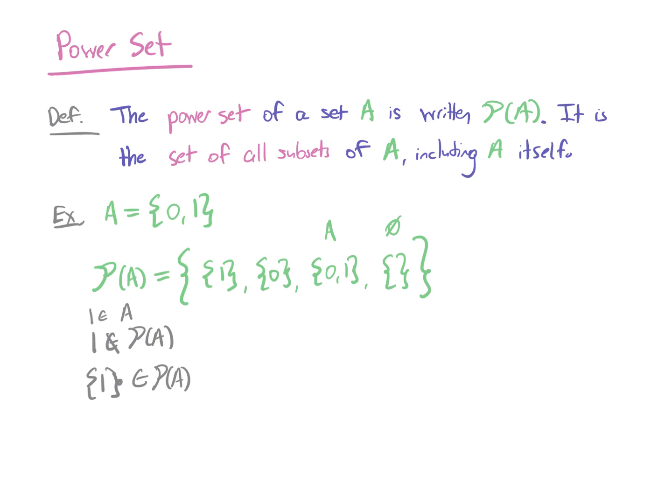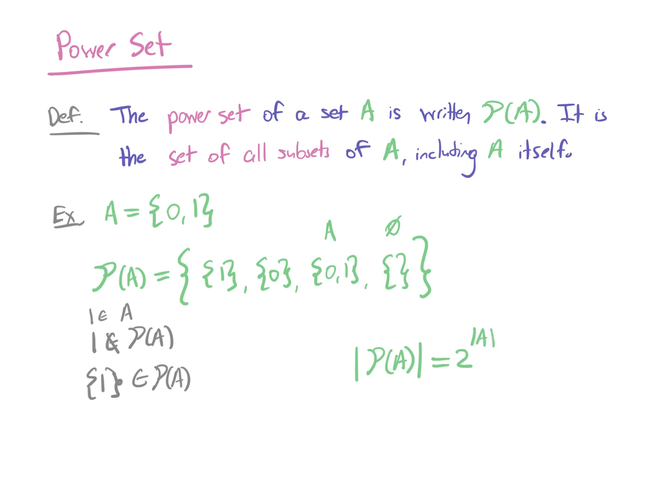One note about power sets that is interesting, and which we'll learn to prove later in these videos, is that if you ask about the cardinality of the power set, the cardinality of the power set has a formula. It's equal to 2 raised to the power of the cardinality of A itself.